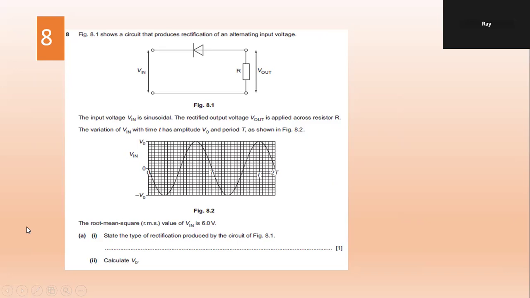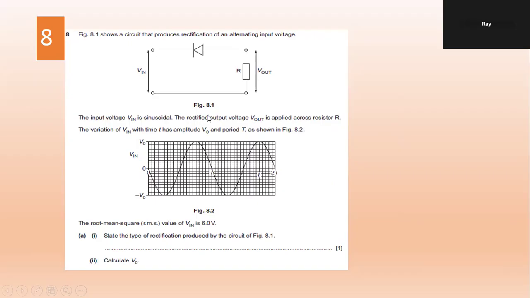Okay, let's go to the next question. Question 8. Figure 8.1 shows the circuit that produces rectification of an alternating input voltage. That's your alternating input voltage. The input Vin is sinusoidal.